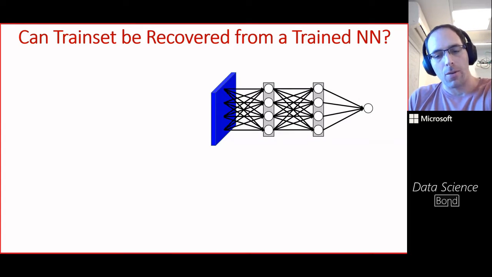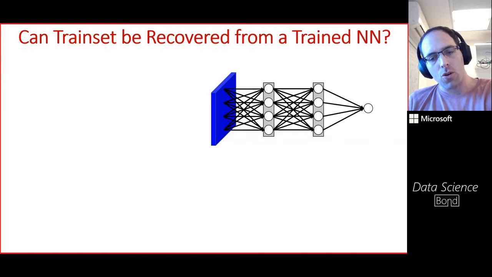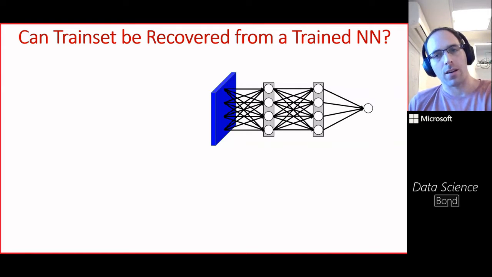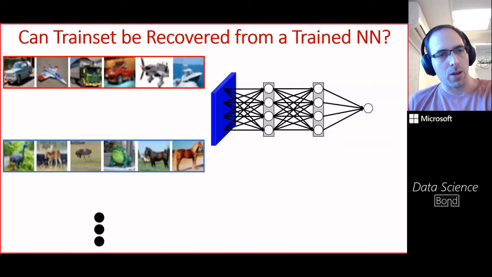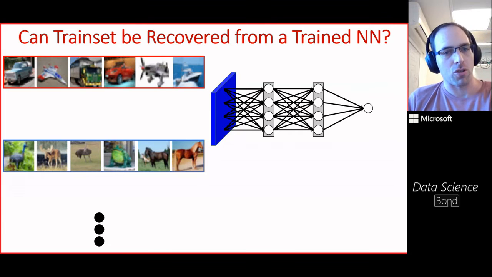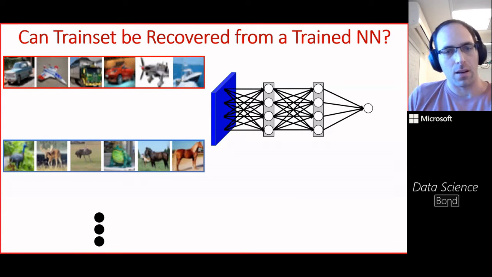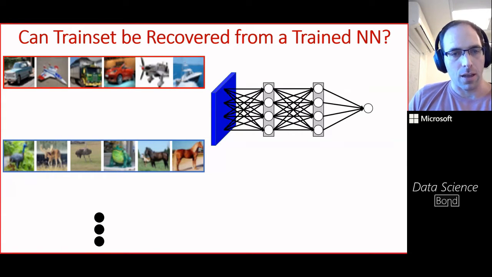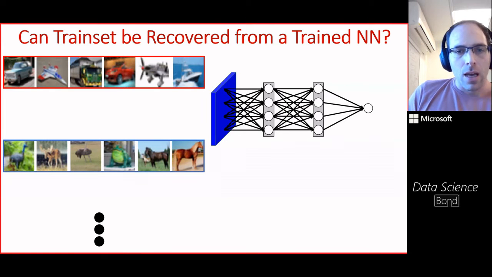So the motivating question in our work is, can the train set be recovered from a trained neural network? What I mean by that is, if you are given a trained neural network classifier, in this case a binary classifier, and say it was trained to separate between two sets of images, the images of vehicles and the images of animals, in this case from the dataset of CIFAR 10.